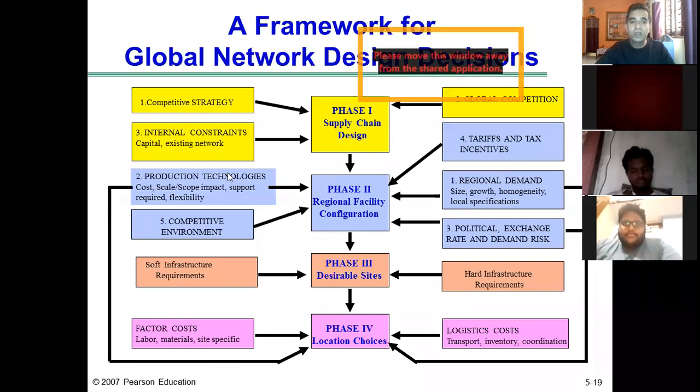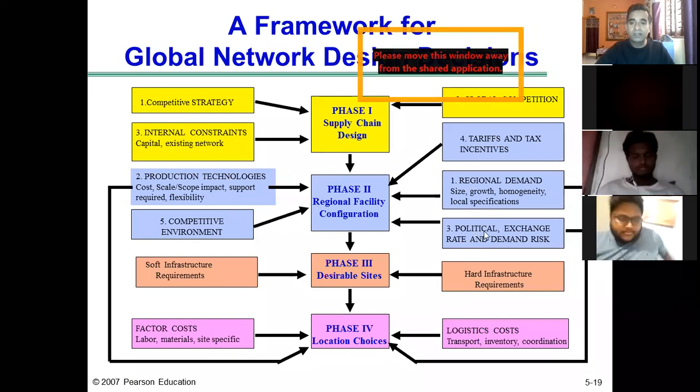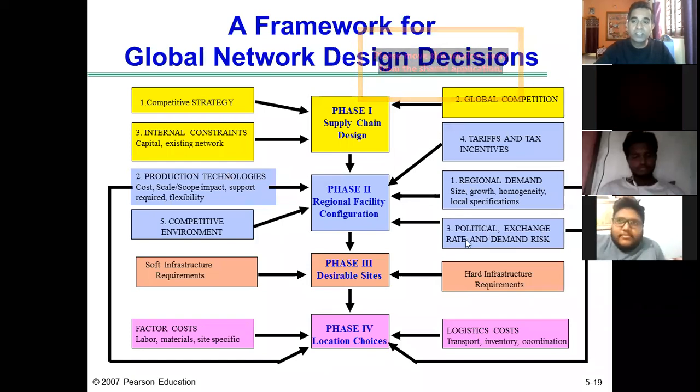In that McDonald's supply chain, you can recall some points from the McDonald's supply chain in India, and how they considered these factors. Then the third factor is political factors, how stable a government is. That is very important. Then exchange rate. Since McDonald's is a multinational company, what is the exchange rate between the US and India, and how it may affect the supply chain profits and the demand risk.